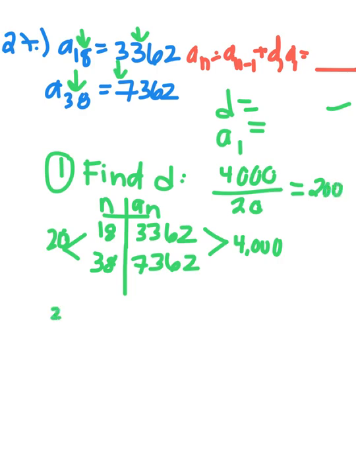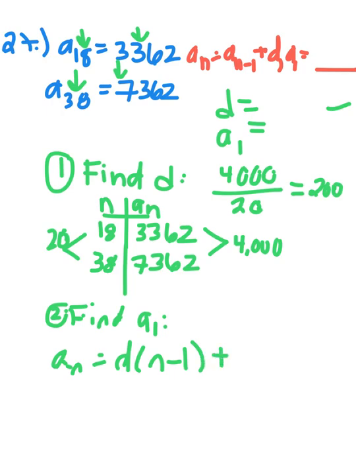And then I'm going to find a sub n, or a sub 1, the way I did in the previous examples, by plugging into the explicit formula. So I'm going to do a sub n equals d times n minus 1 plus a sub 1. And so d I just found was 200. N, I'm going to pick this first point in the table.